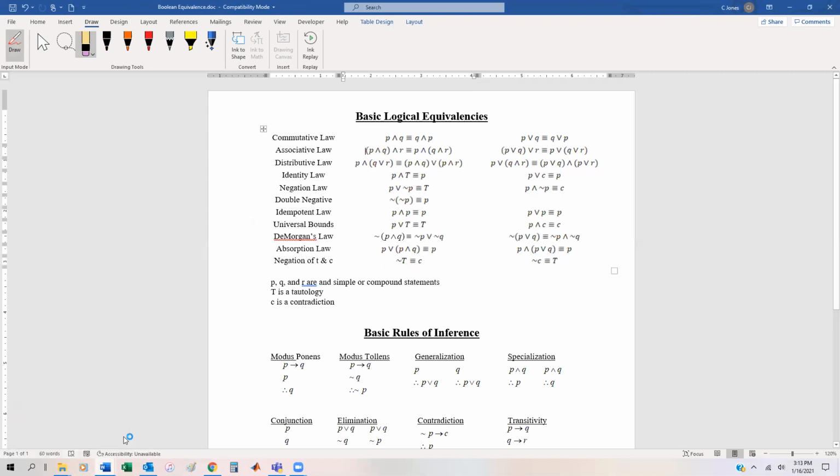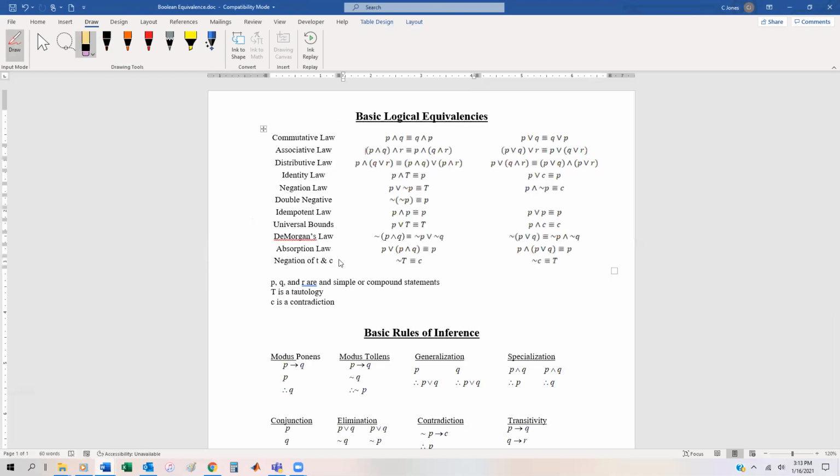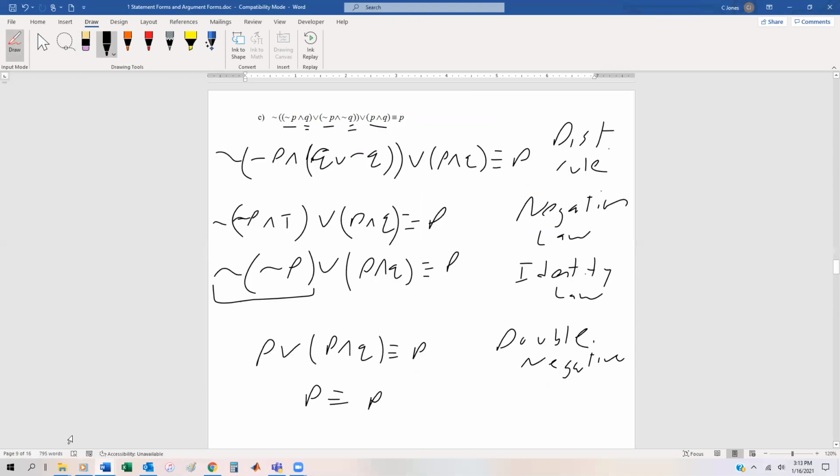And so what do we end up with? We end up with P is equal to P. And that's going to be our absorption law. I think that's what we call it. Yep, that's our absorption law. And again, we show that this is valid.